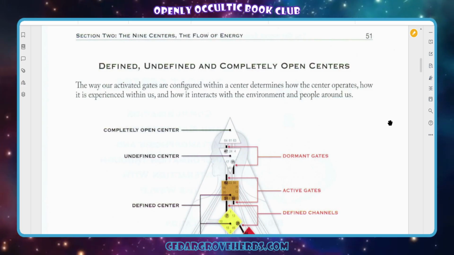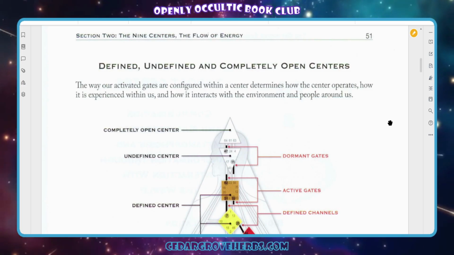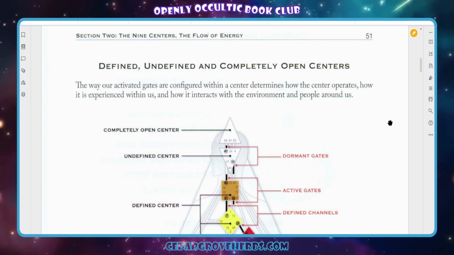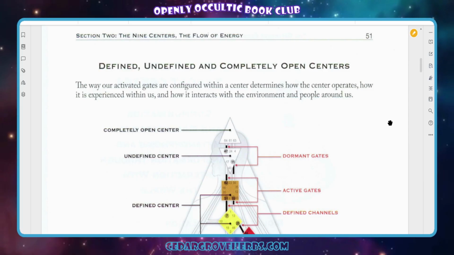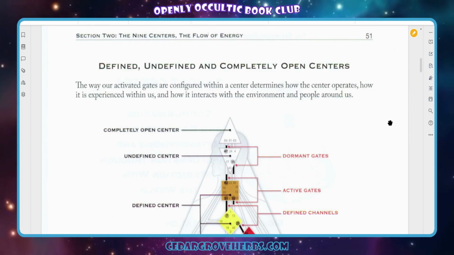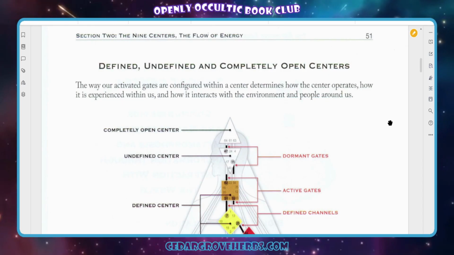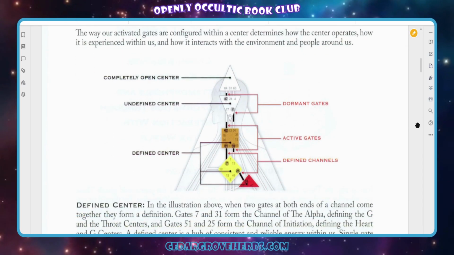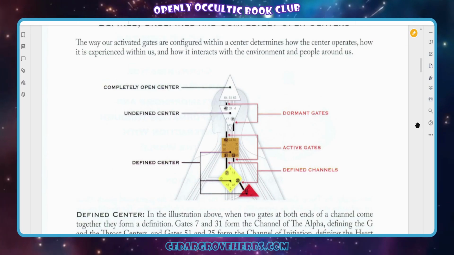So here we are on defined, undefined, and completely open centers. The way our activated gates are configured within a center determines how the center operates, how it is experienced within us, and how it interacts with the environment and people around us. Right? The way our activated gates are configured.